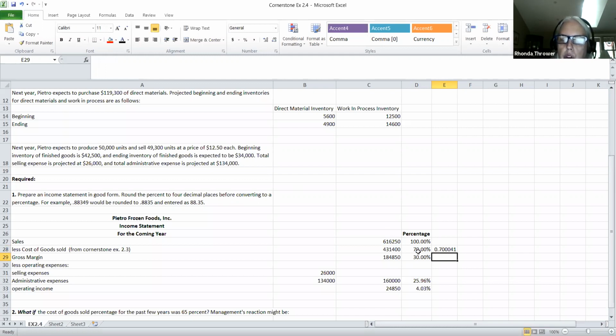So they want you to show it as a percentage, and the rules were that they want you to carry it out 5 places. So 5 places you would carry this out to, and then you would round back. And in this case, the percentage amount is 70%.